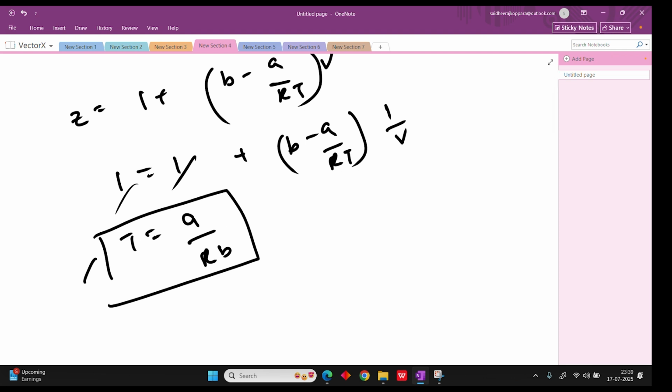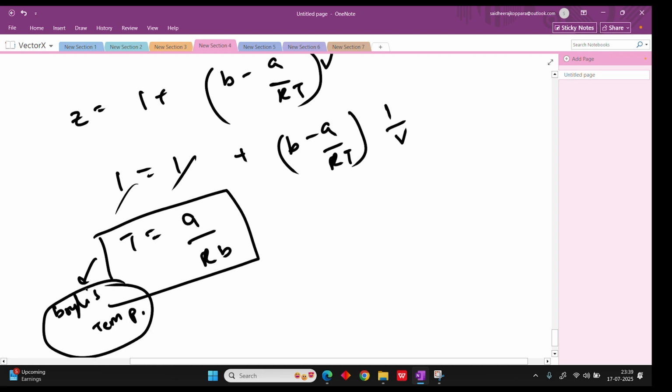This temperature is actually called Boyle's temperature, where every gas behaves as an ideal gas. Okay. Because your compressibility factor is 1. That's the reason why every gas behaves as your ideal gas.